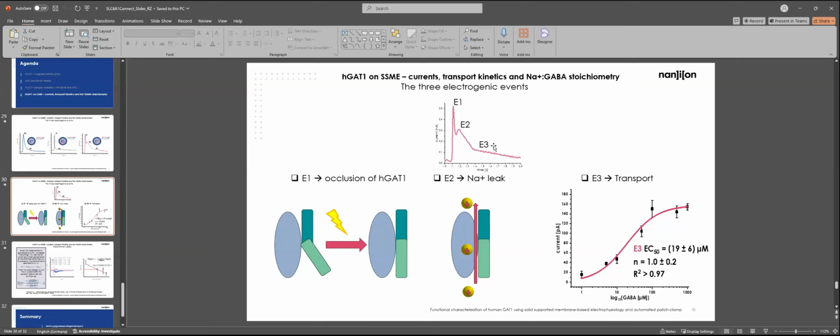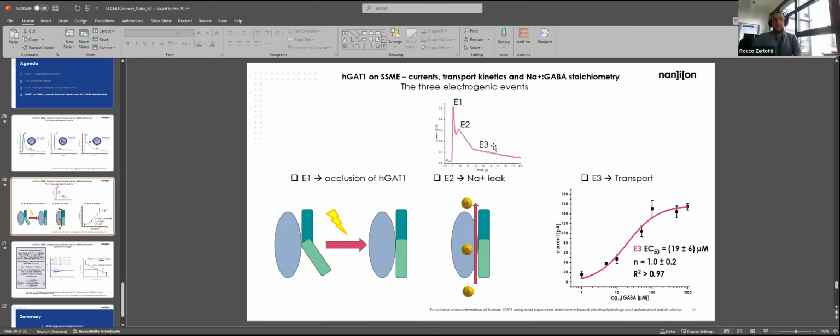And in the past, people have used biochemical methods to assess the transporter activity, and you mentioned conventional patch clamp. What I'm interested in knowing is, where would the SSME methodology fit in? How would it provide improvements over the conventional approaches that people have used?